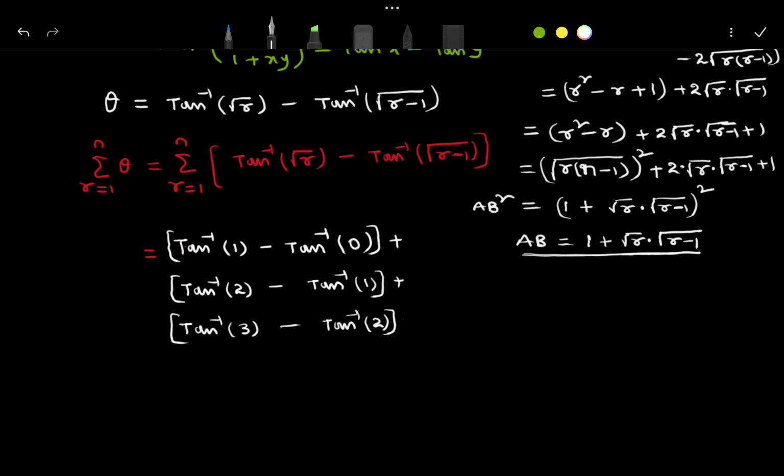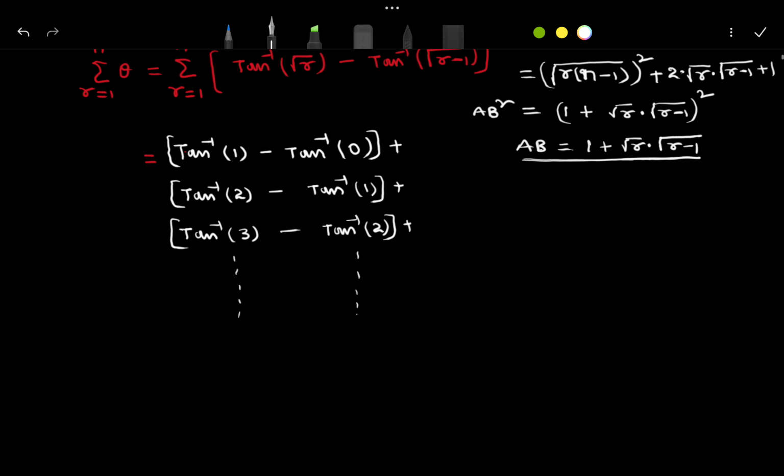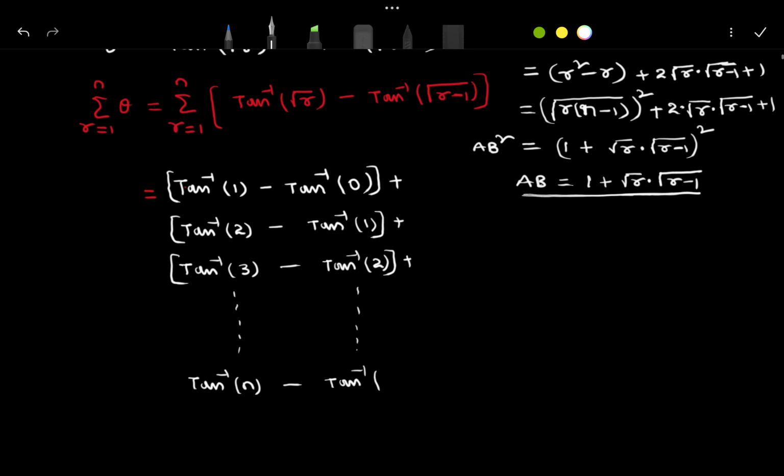the last one is the nth term. If you substitute, the last is the nth term. So what is that nth term? So sigma tan inverse of root n minus tan inverse of square root of n minus 1.